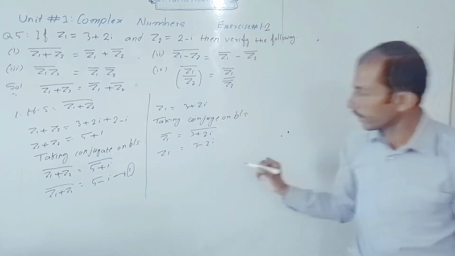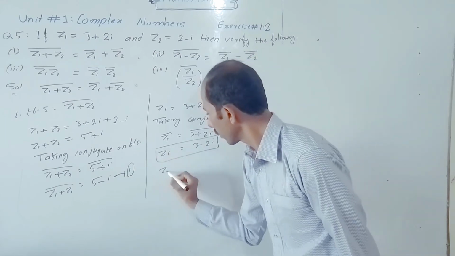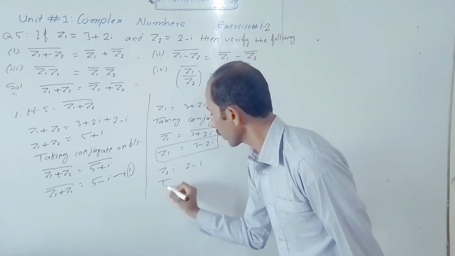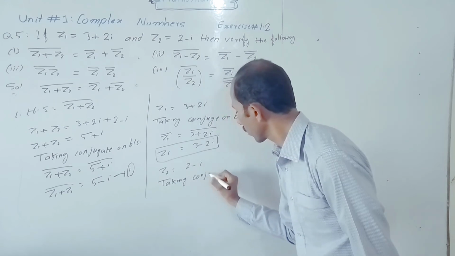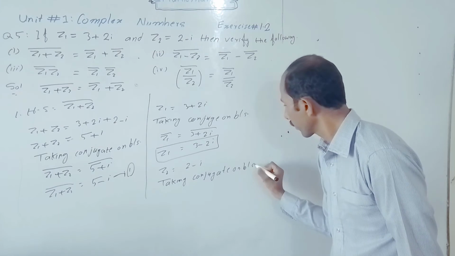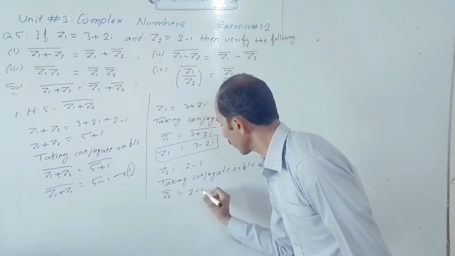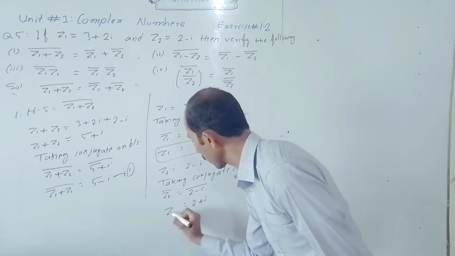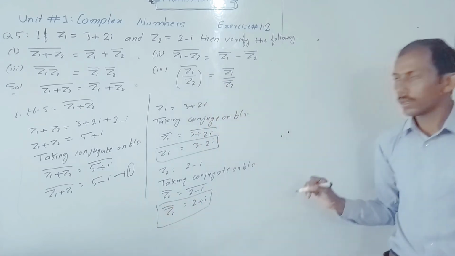Next, Z2 is equal to 2 minus iota, taking conjugate on both sides. So Z2 conjugate is equal to 2 minus iota whole conjugate, which is equal to 2 plus iota.